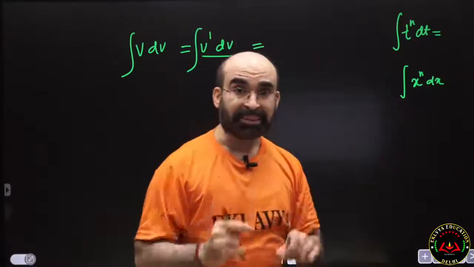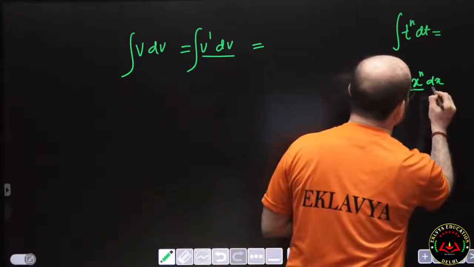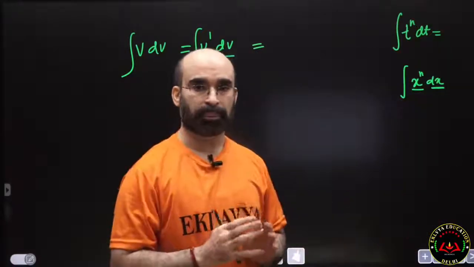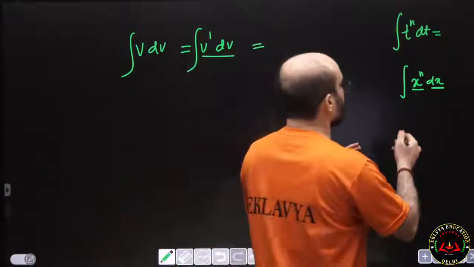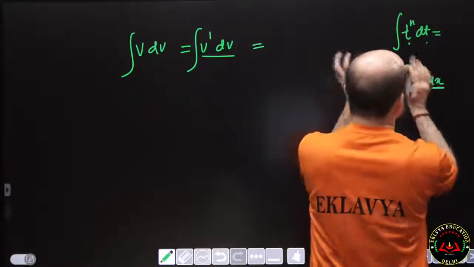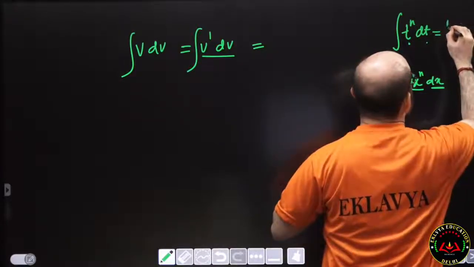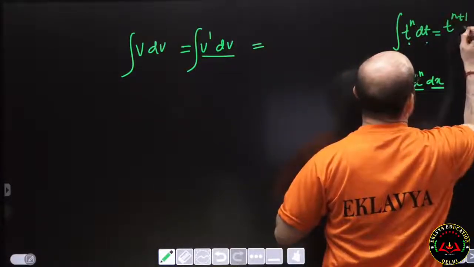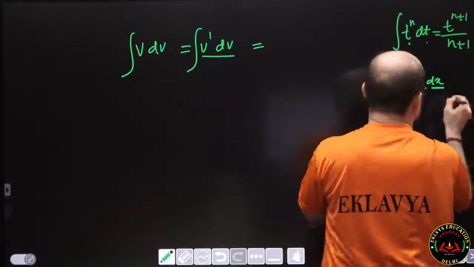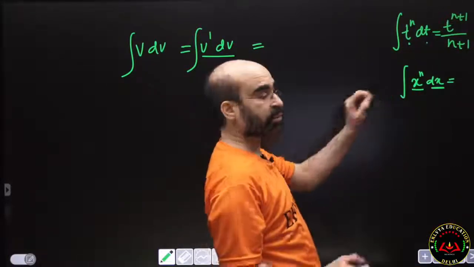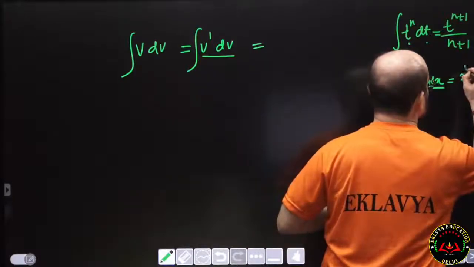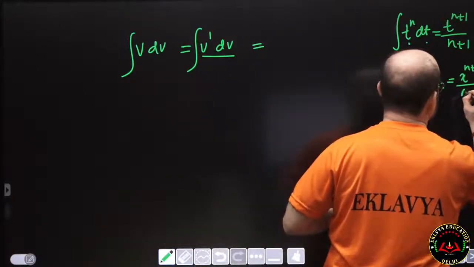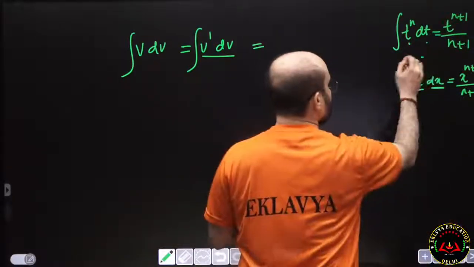But we make sure that this variable and this variable have to be the same. Here t, then dt, it is multiplied in this manner. So t raised to power n plus 1 divided by n plus 1. In the case of x, it is going to be x raised to power n plus 1 divided by n plus 1, right? So this we have understood.